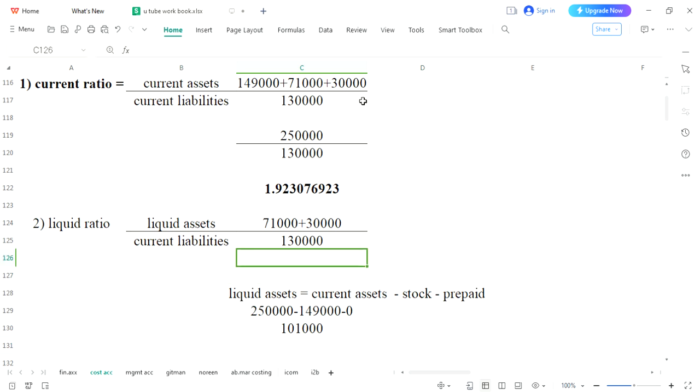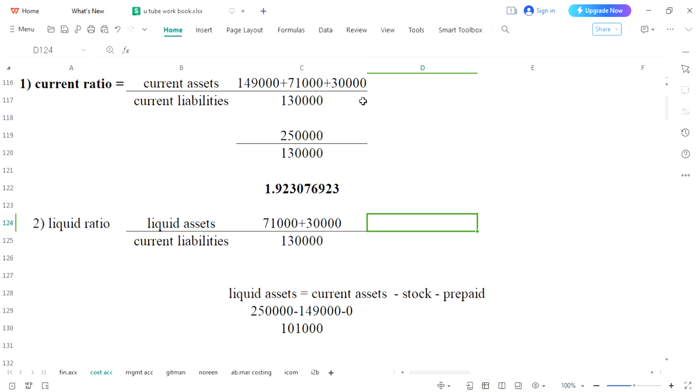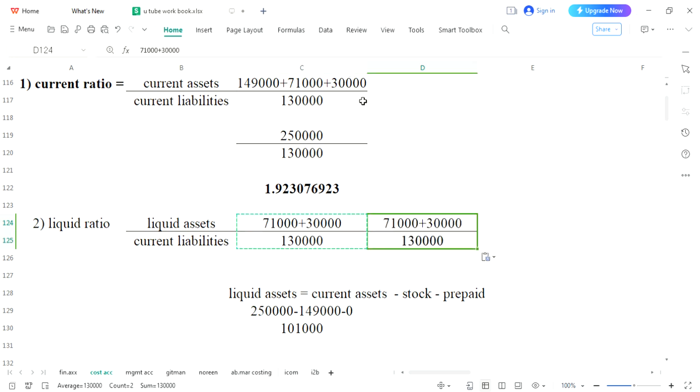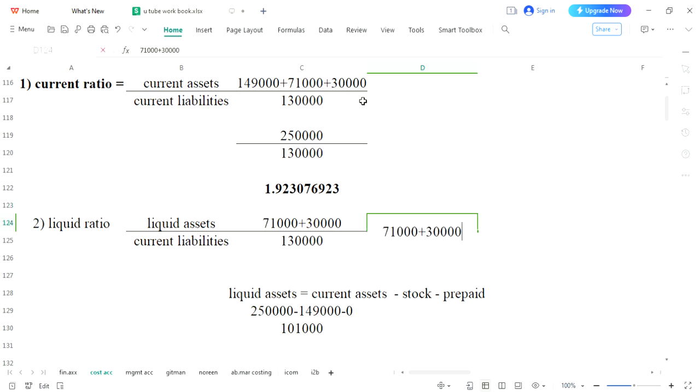Alright. So here we can also calculate directly, which we have written over here. Liquid assets should be equal to 101,000. Now you have a complete idea how to calculate liquid assets directly: just do not write stock over here, and indirectly you can apply this formula.